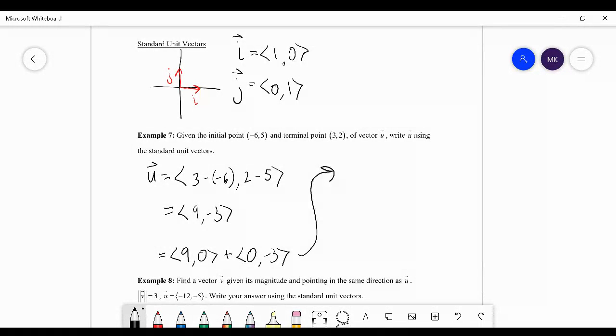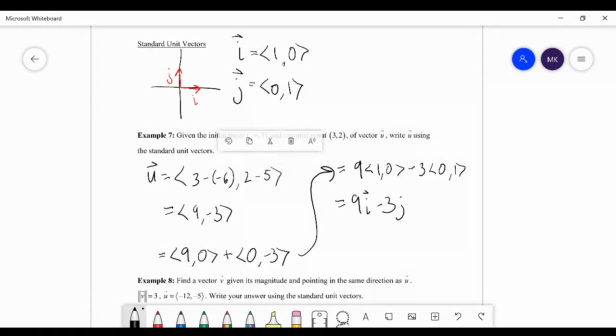Then using scalar multiplication, the same way we could factor anything out, this is 9 times the vector 1, 0 minus 3 times the vector 0, 1. Since the vector 1, 0 is exactly i, this is 9i, and the vector 0, 1 is j, so minus 3j. So that is the way that we can write this.